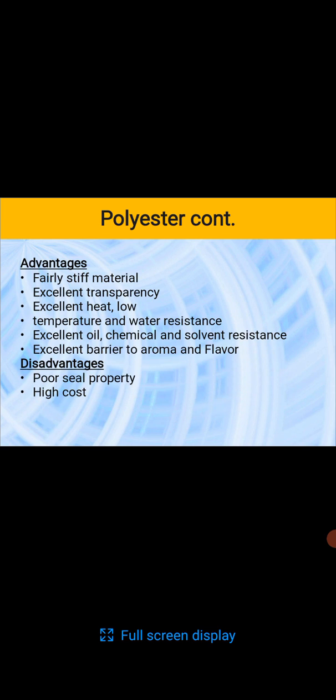Its advantages: fairly stiff material, excellent transparency, excellent heat, low temperature and water resistance, excellent oil, chemical and solvent resistance. It is a good barrier to odor and flavor. Disadvantages: poor seal property and high cost.